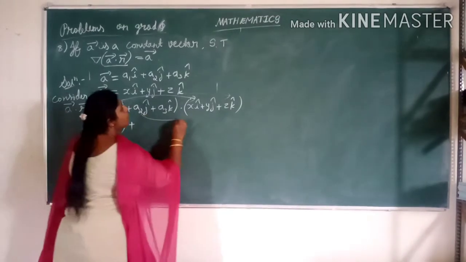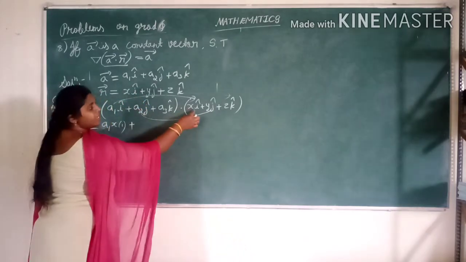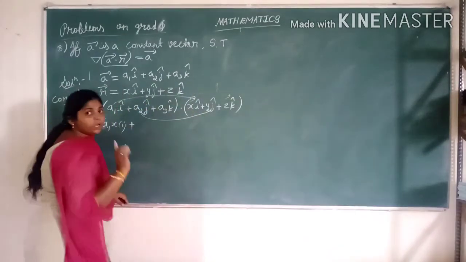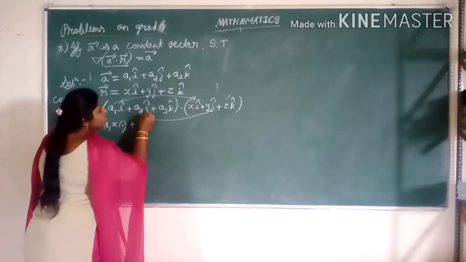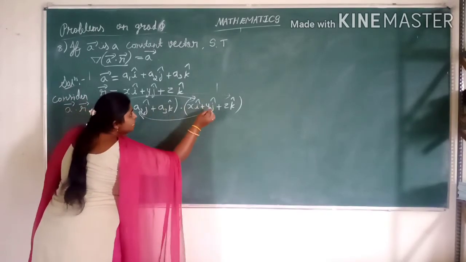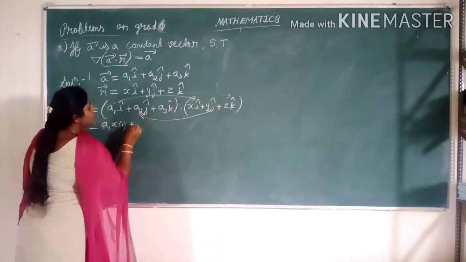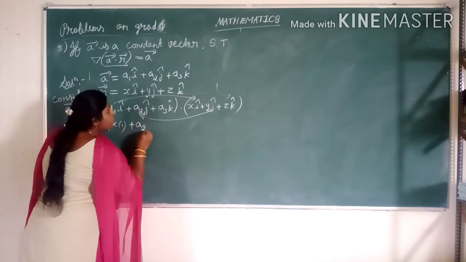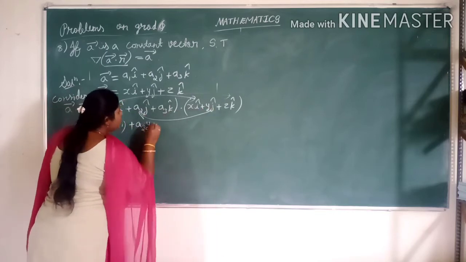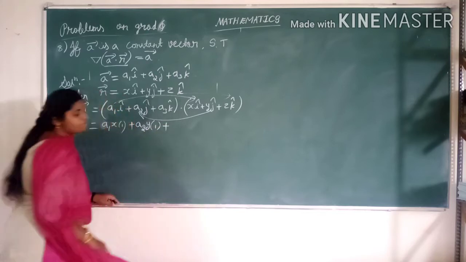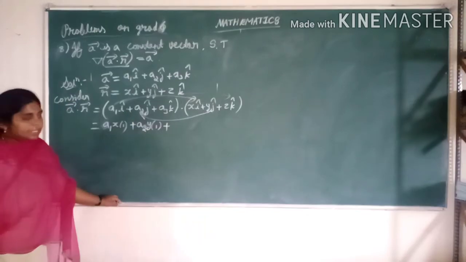Next, j dot j. Then j dot i is 0, j dot k will be 0. Only which term will remain here? j dot j is equal to 1, multiplied by their coefficients. What is the coefficient here? A2 into y is A2y into j dot j is 1. The remaining dot products are 0.